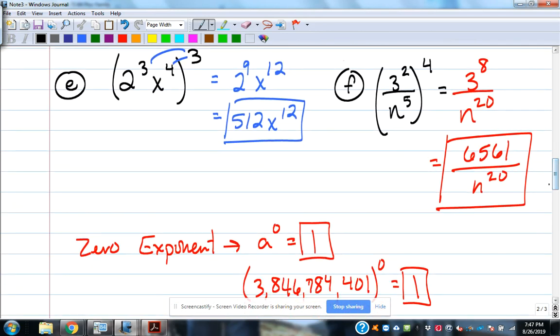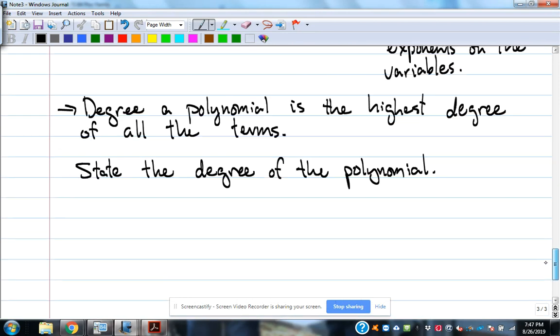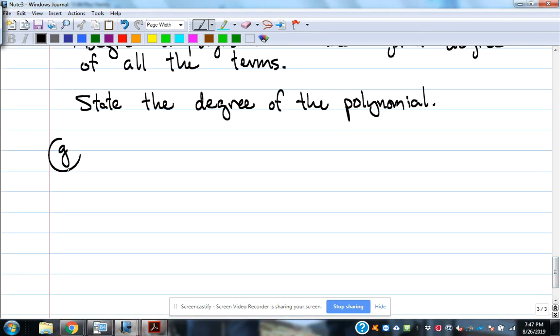E, F, G. Double G. All right, so here we go. Let's say we had 2x squared plus 5xy to the third minus 6x. Okay, so we want to find the degree of this polynomial.